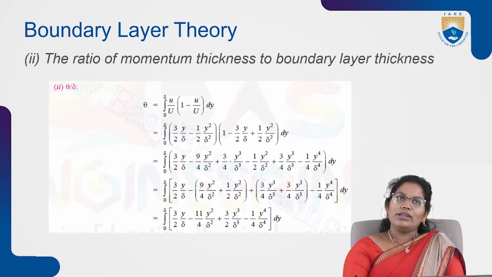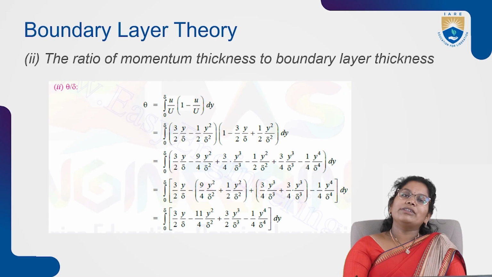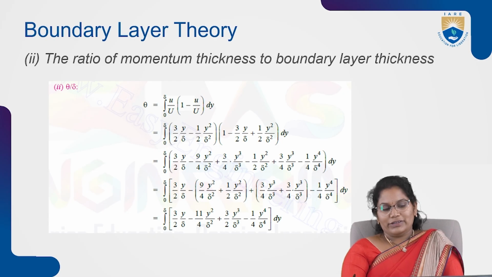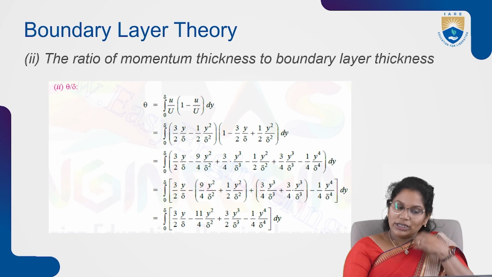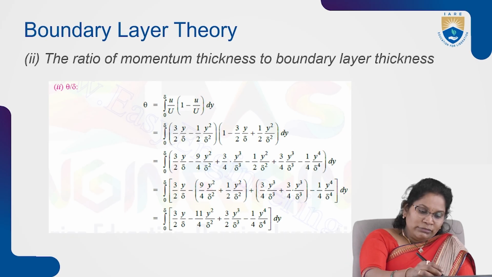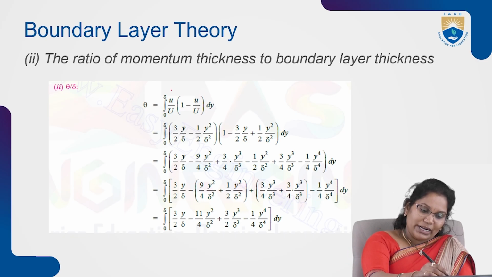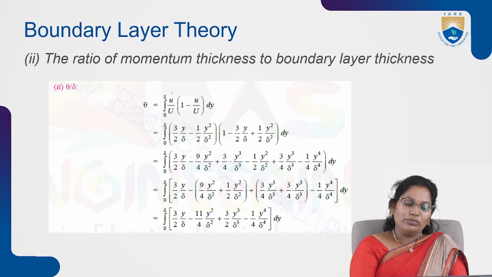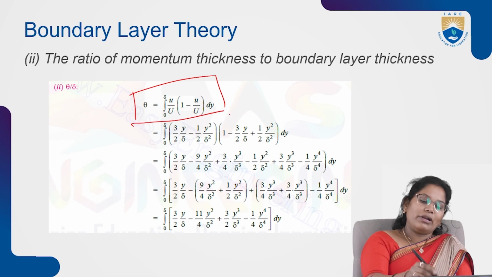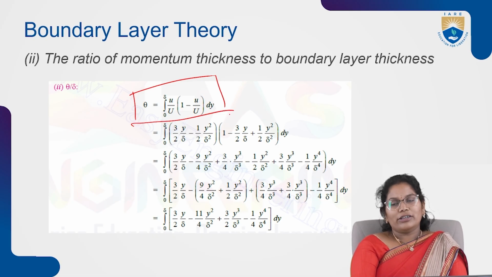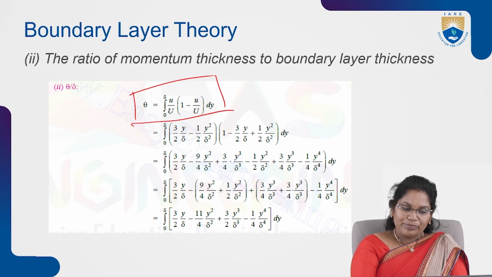Now the next, second one, is the ratio of momentum thickness to boundary layer thickness. First we have to calculate the momentum thickness. So the momentum thickness is integral from 0 to delta of small u by capital U into 1 minus small u by capital U into dy. This is the momentum thickness formula in terms of the boundary layer, with respect to y.